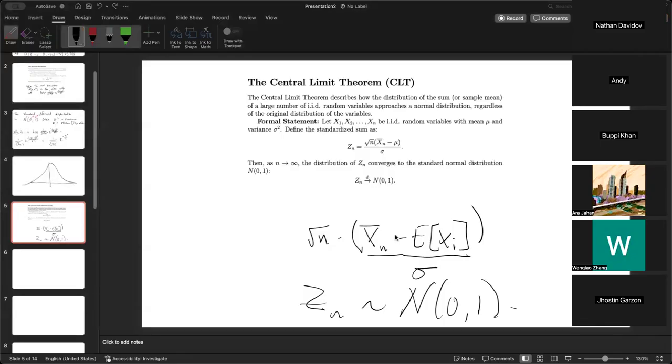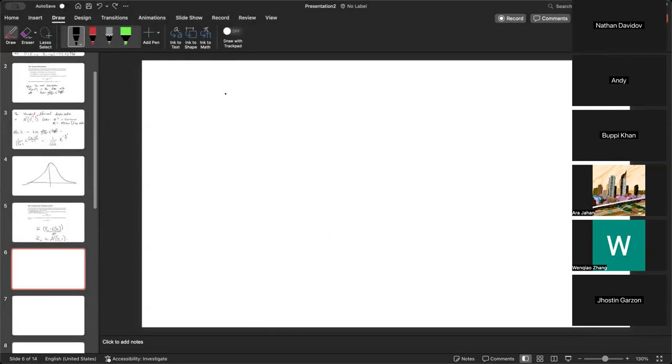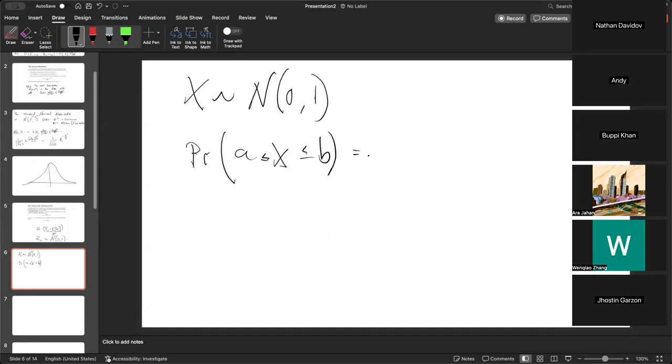If you'll notice this, if X has the normal distribution, even if it's the standard distribution, in order to find the probability that X is between a and b, I have to take the integral from a to b of 1 over the square root of 2 pi e to the minus x squared over 2.